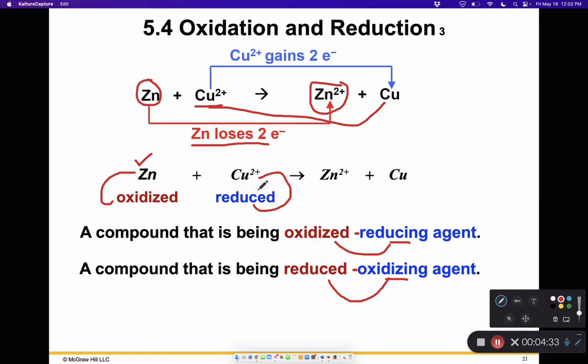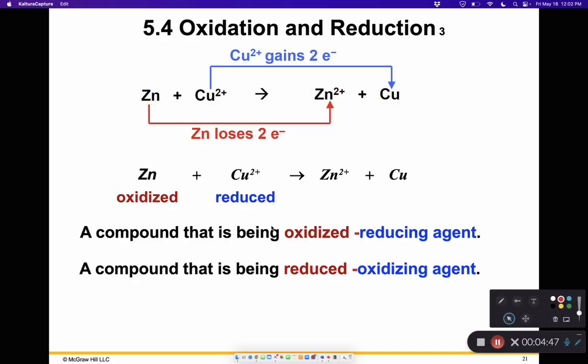So here the copper ion is the oxidizing agent. Remember this: a compound that is being oxidized is a reducing agent and the compound that is being reduced is the oxidizing agent. So it is the game between the oxidizing and reducing agent that brings the redox process together. That is the special type of reaction, the oxidation reduction reaction.